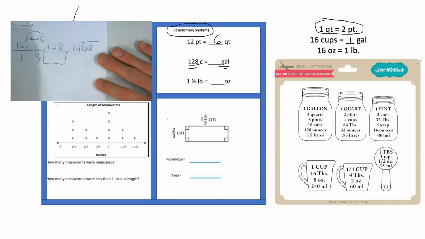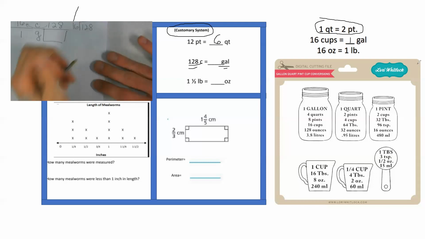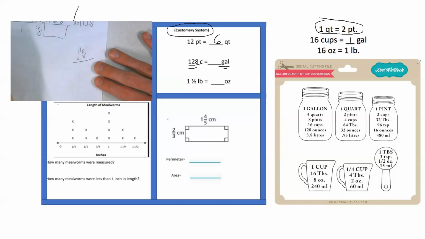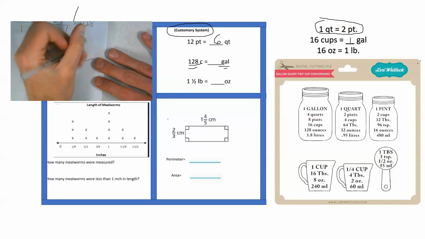And remember, this is a guessing game, okay? And then we check our guess. 10 times 16 is 160. That's too big. So I'm going to guess 8. So I'm going to go 16 times 8 to figure out how close it is. 6 times 8 is 48. 8, 9, 10, 11, 12.